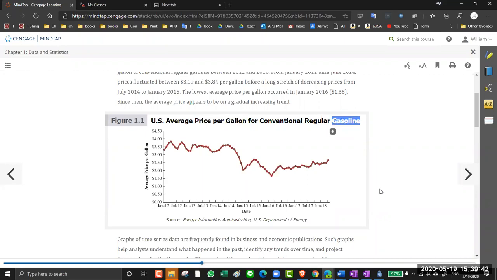Okay? By the way, what happened to the price of oil in the last 6 weeks? It went down. How much down did it go? Anybody know? It went down to negative.